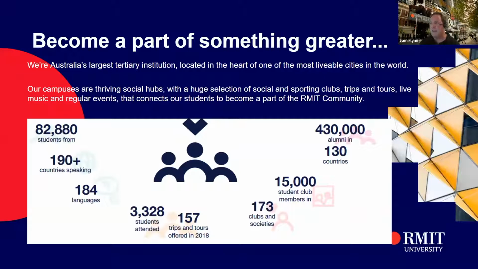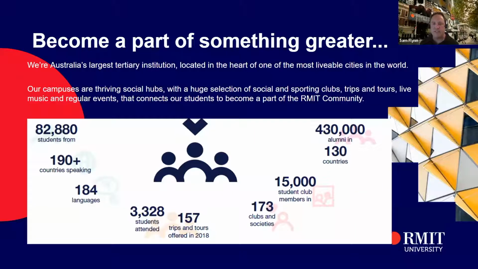So we're really a global university. We have about 82,000 students from 190 countries, speaking 184 languages. We have lots of trips and tours, clubs and societies, and so on. We see ourselves as a global university, and we really try to give students that experience as well.